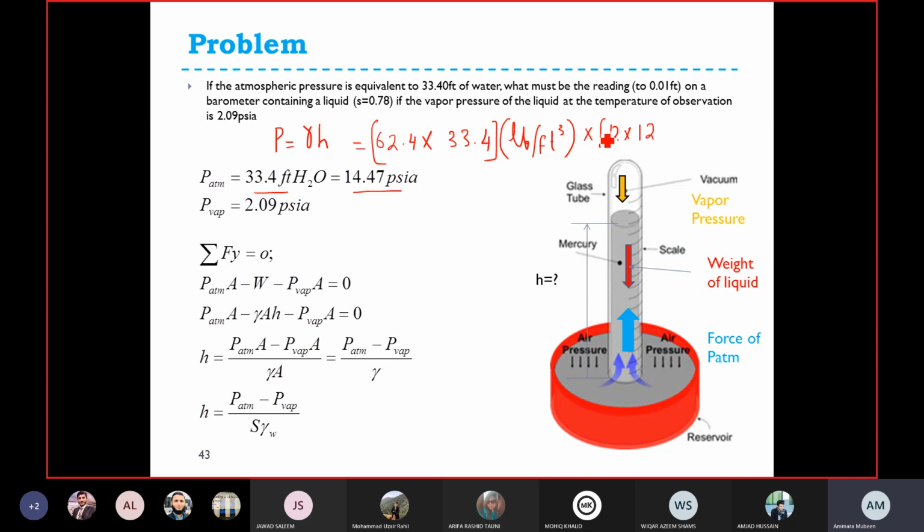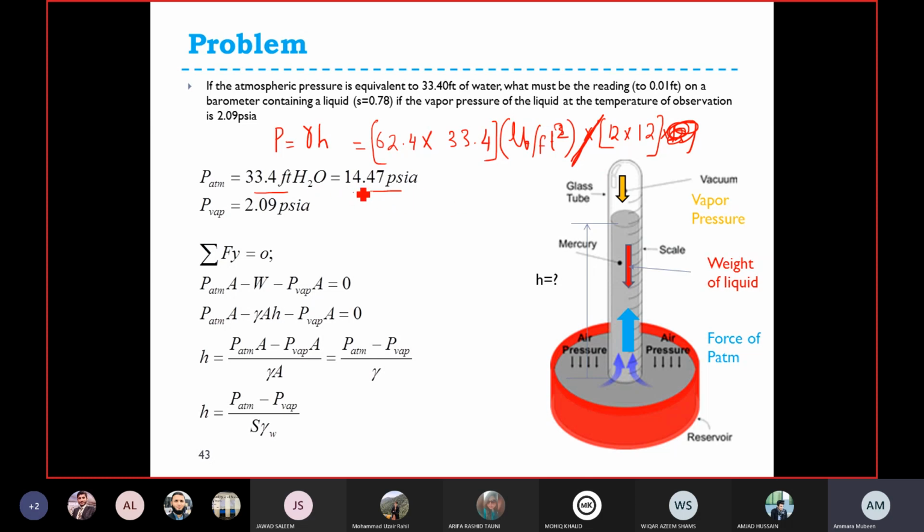Sorry, not multiplying, divide by 12 square. Then you'll get the value in PSI. Okay, so that is how you can convert a pound per square foot to pound per square inch.